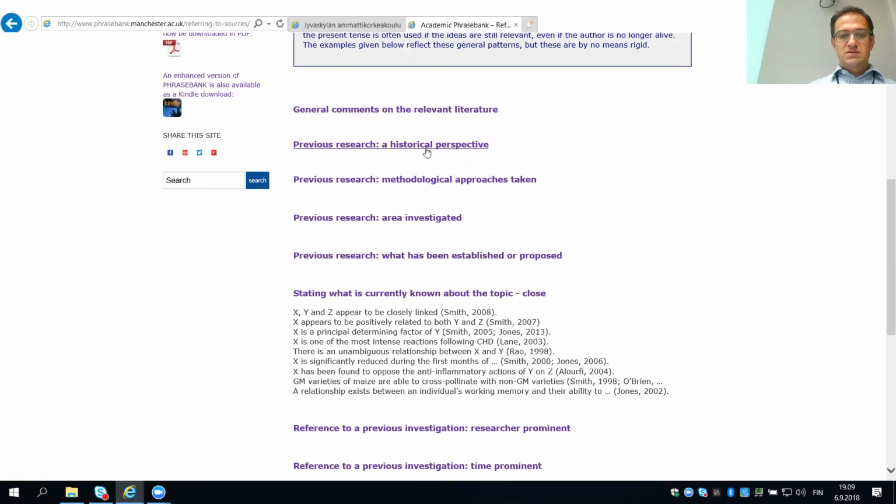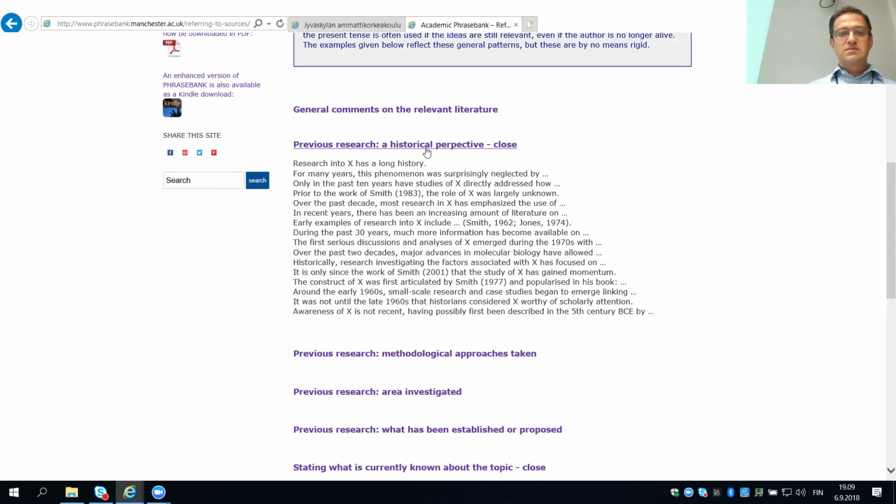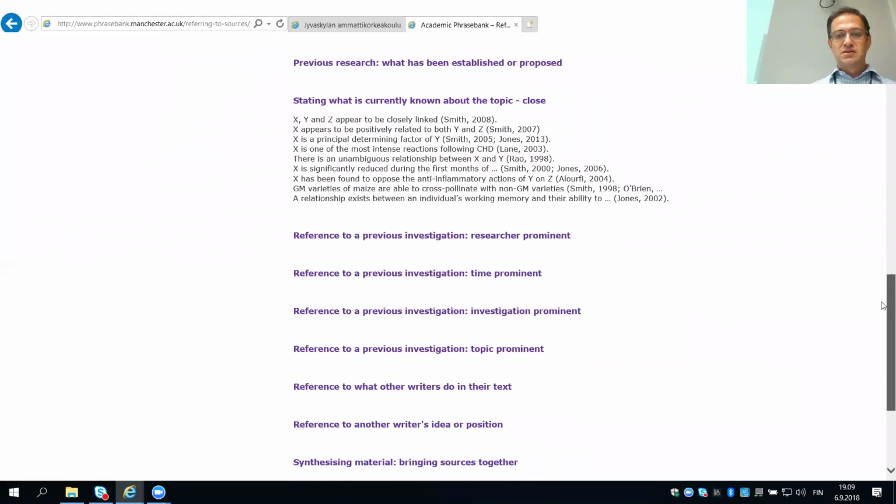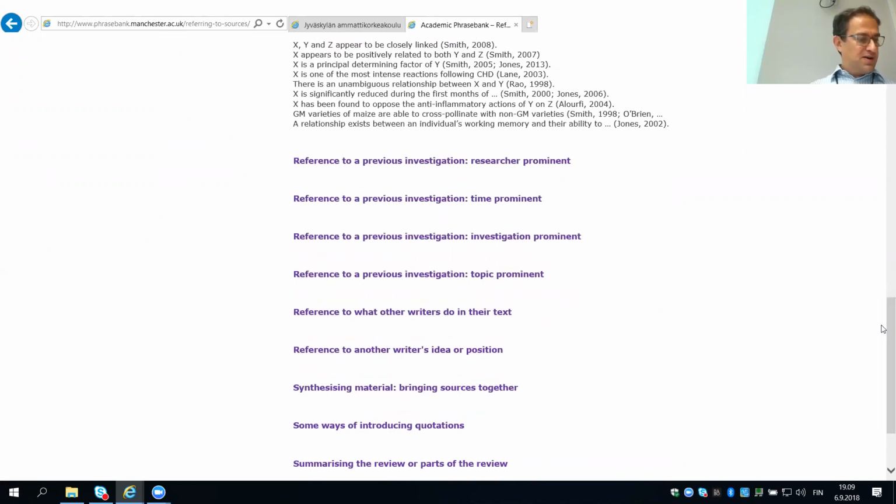Actually, this has changed a bit. The printed version I have here is a bit different from the online version, so you will probably find things at different places. To date, several studies have found, have reported, have shown that, have indicated that, have suggested, have demonstrated that. So there are many different words that you can use in academic writing.